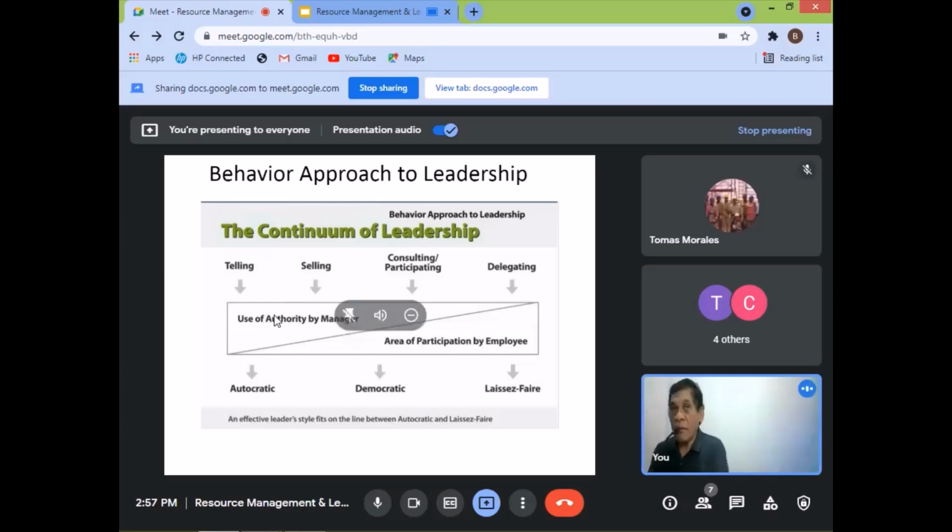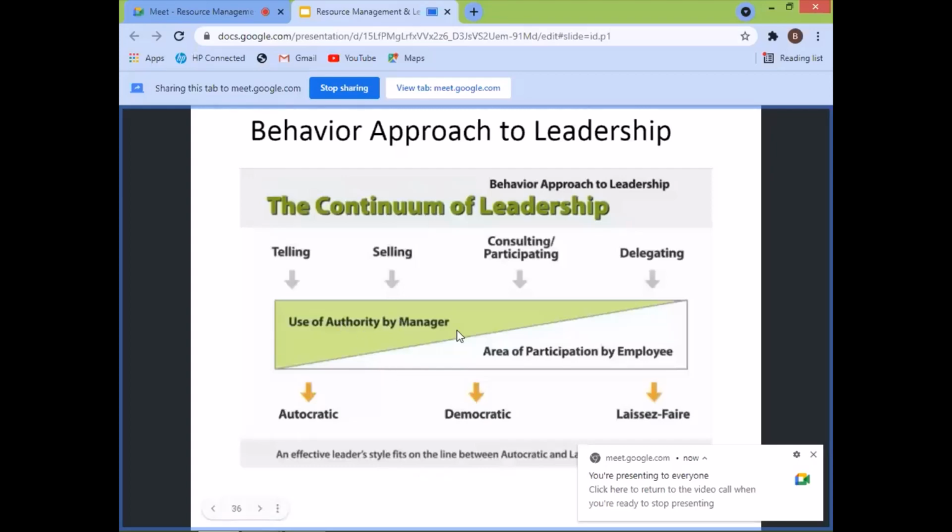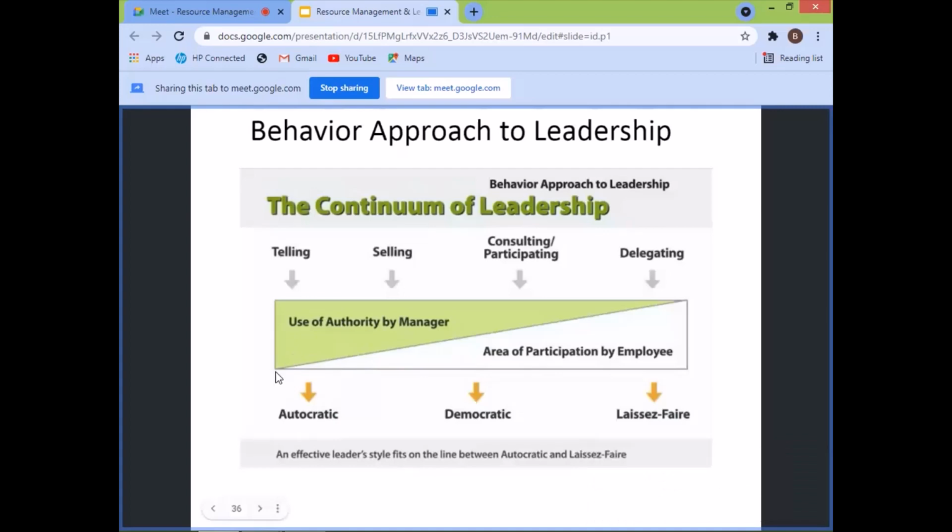There is more use of authority by the manager, bigger authority of the manager, and the area of participation by the employee is less. Nothing. He will just follow whatever the leader or the manager tells him to do. No question asked. You don't do problem solving. You don't do decision making.